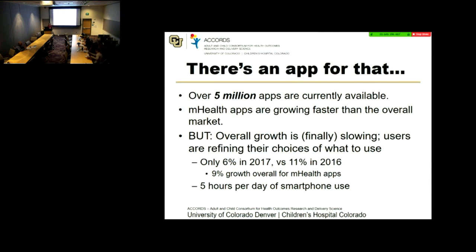But what that translates into when you're thinking about how am I going to engage with patients, how am I going to connect with people, is 5 hours a day of people staring at these little screens. That's a lot of focus in a very small space. That's an unparalleled opportunity to get information, to get communication, to have some sort of engagement with people by being aware of the possibilities in this regard.